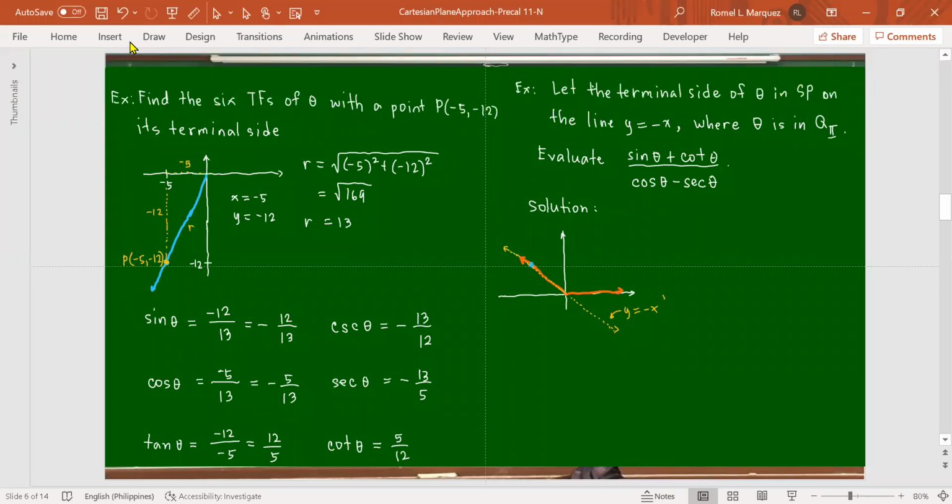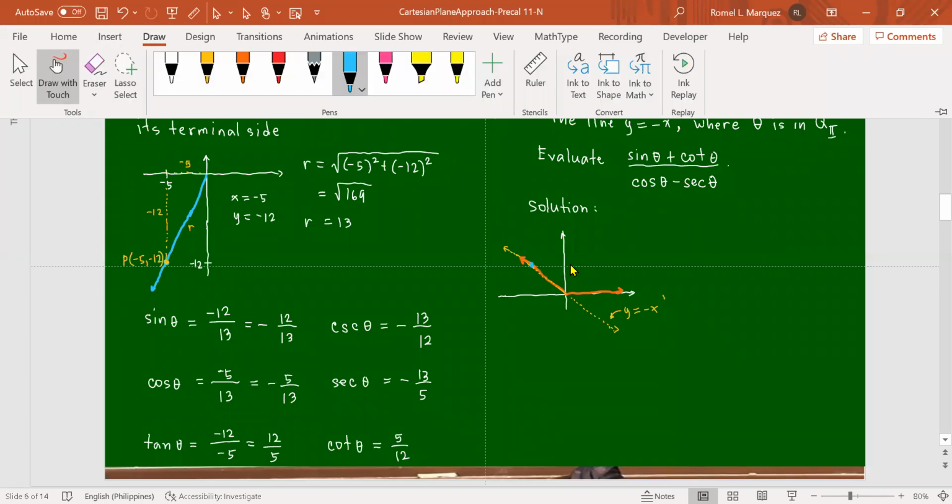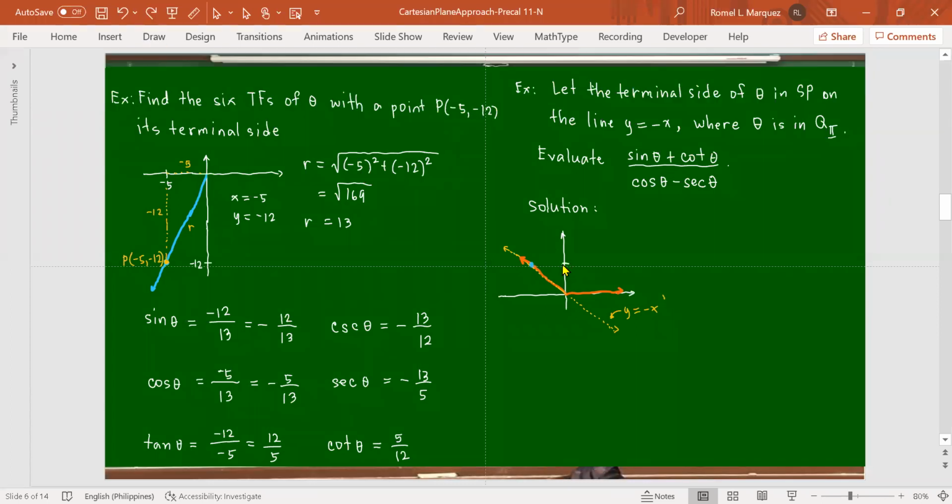And assume that this is 1, and of course here is negative 1. So I can take P as what? I can assign any x, as long as it is in the second quadrant: negative 1, or negative 2, negative 3.